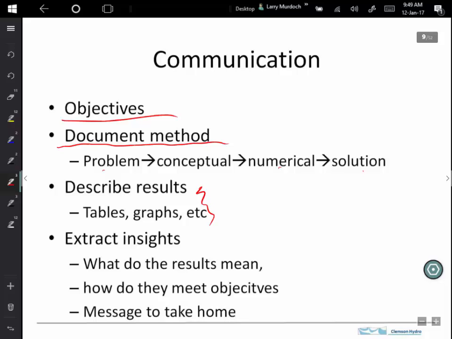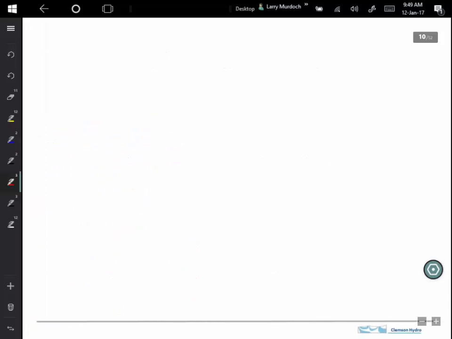What do these results mean? How do they meet the objectives? And what's the take-home message? So we'll be focused on this central set of materials, but we'll also be working on some of that stuff there. Okay, so that's the overview.